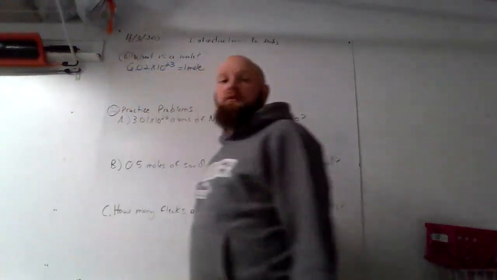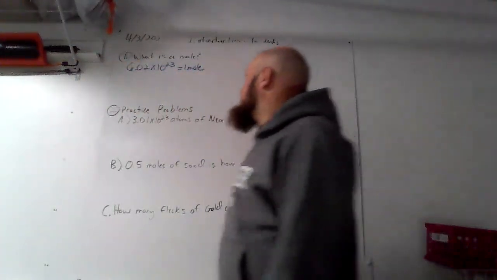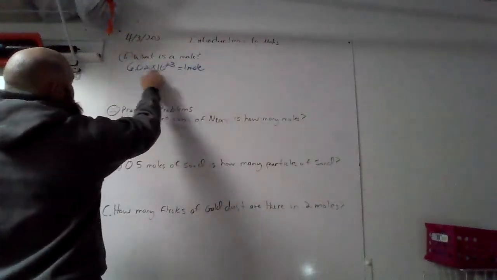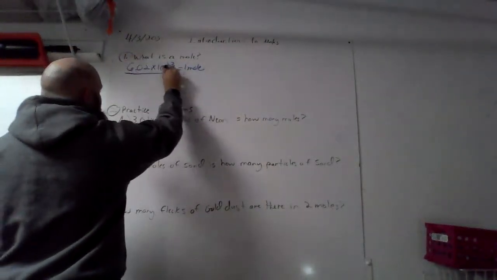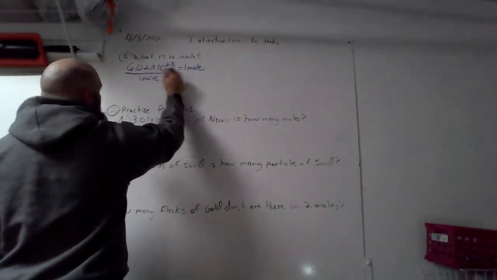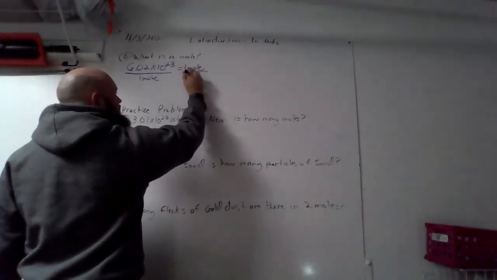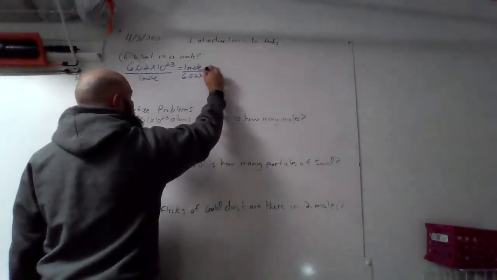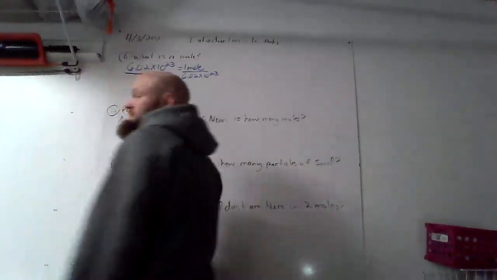Okay? Now if you remember, we can also write that as an equality. So I could say 6.02 times 10 to the 23rd is equal to 1 mole. Or 1 mole is equal to 6.02 times 10 to the 23rd. You can flip it either way.